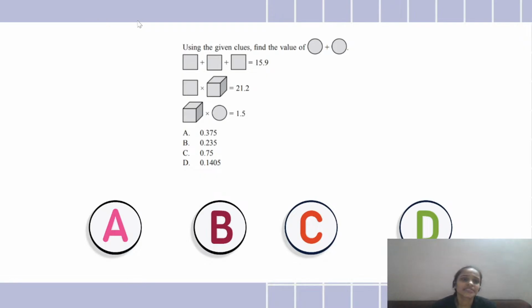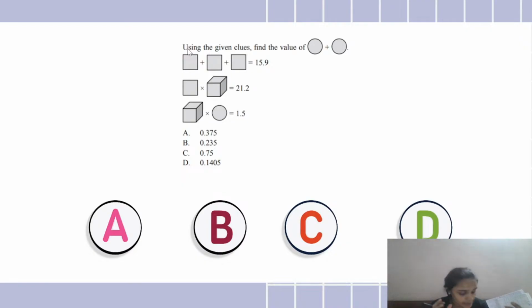Here is my very first question, which reads like this: using the given clues, find the value of circle plus circle.